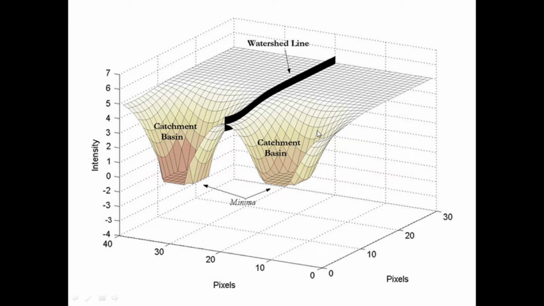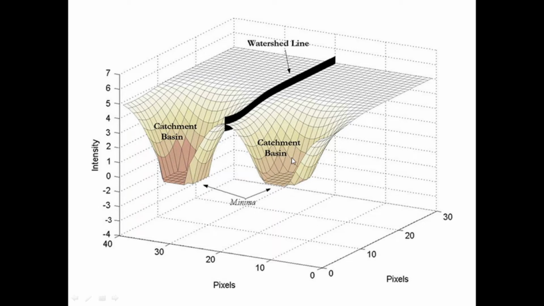These are the points at which, if a drop of water is placed at the location of any of them, the water drop tends to fall certainly either in here or here. It will fall certainly to a single minimum. This is my single minimum for this catchment basin, and for this catchment basin this will be my single minimum.